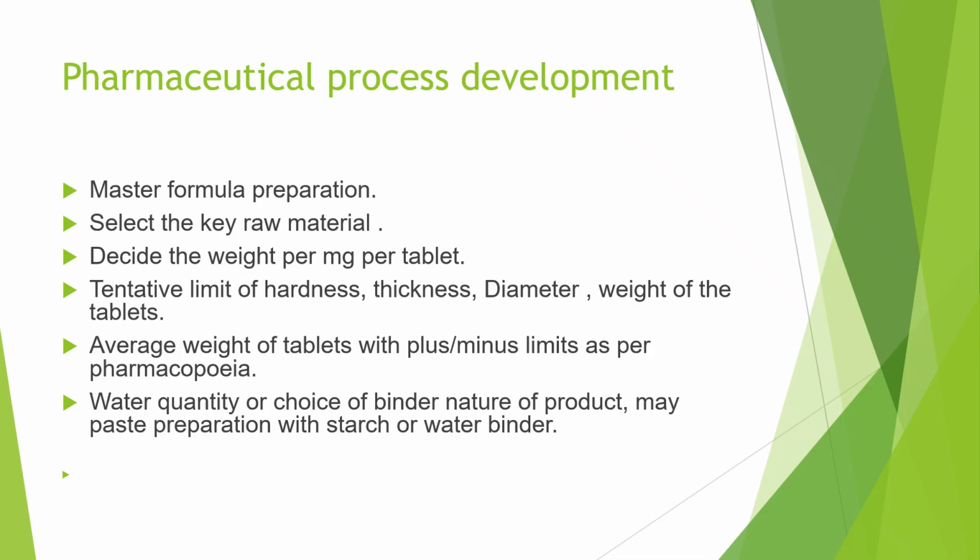In this scenario, they first decide the master formula to prepare the product and select the key raw materials, based on solubility, product profile and material nature. All these ingredients they decide, and decide the weight per ml or per tablet, means how much the weight of each ingredient should be in that tablet.